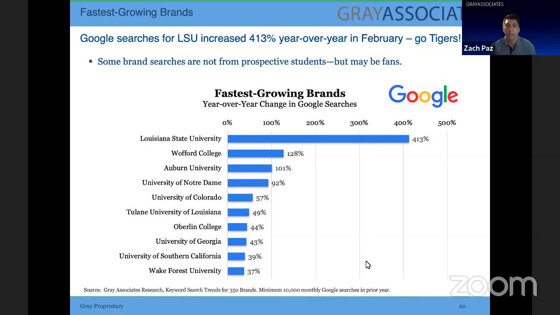It's still one thing to consider that the brand searches may be driven not only by program interest, but in other cases, like in this case, we think the sports were a big reason for their search trends.